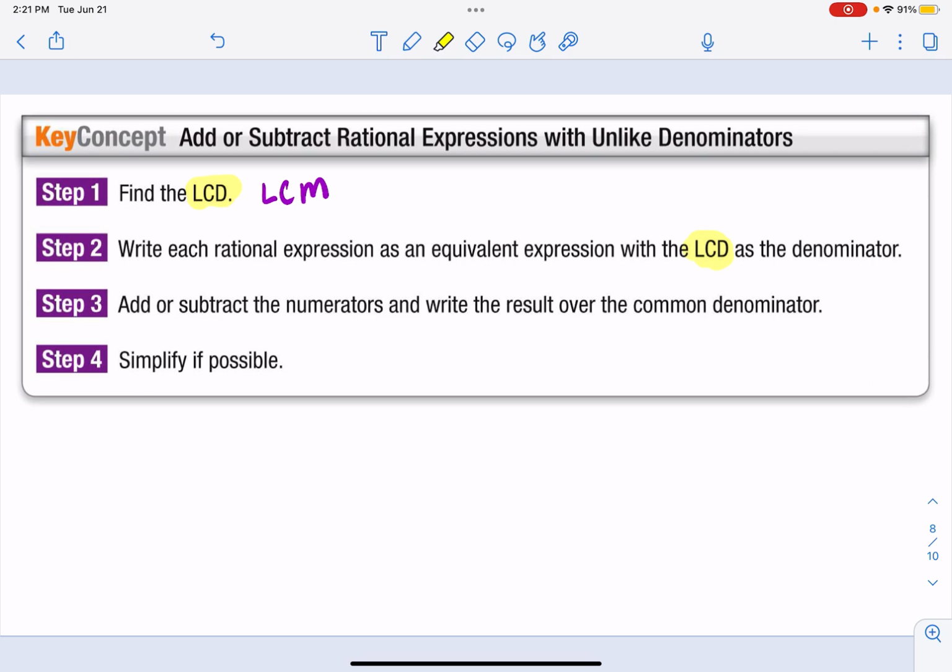So that's why that's so important. We add or subtract the numerators and write the result over the common denominator and then simplify if possible. It is really rare to simplify, just so that you guys know. It's really hard as a math teacher to find ones that simplify, but you always want to see if you can simplify.